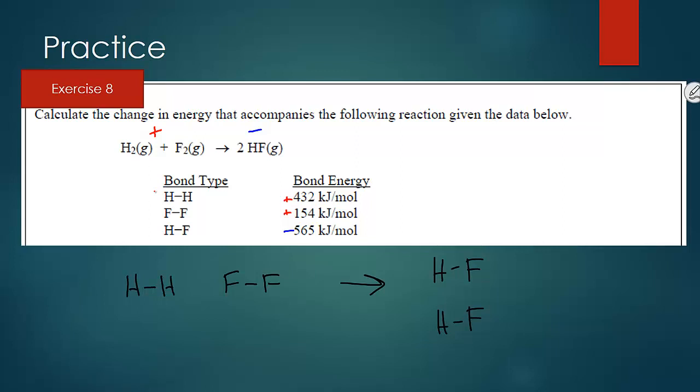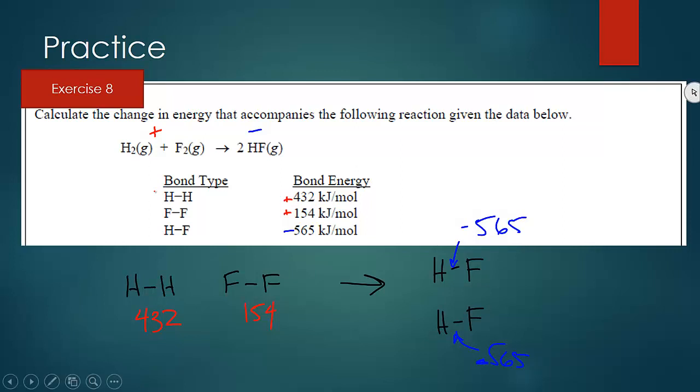When the hydrogen-hydrogen bond breaks, it's going to require 432 kilojoules. And when the fluorine-fluorine bond breaks, it's going to require 154. However, each of these hydrofluoric bonds are going to release 565 kilojoules.